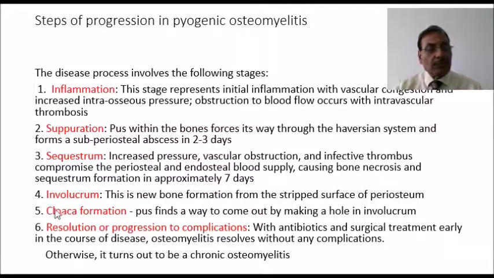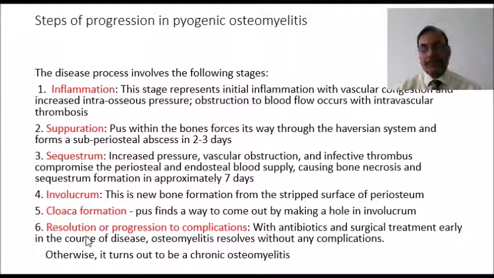Now, once there is an involucrum, pus is still inside it. It has to find a way to release from the confines of the bone. Pus finds its way to come out by making a hole in the involucrum and presents itself as a subcutaneous abscess. These holes are called cloaca.